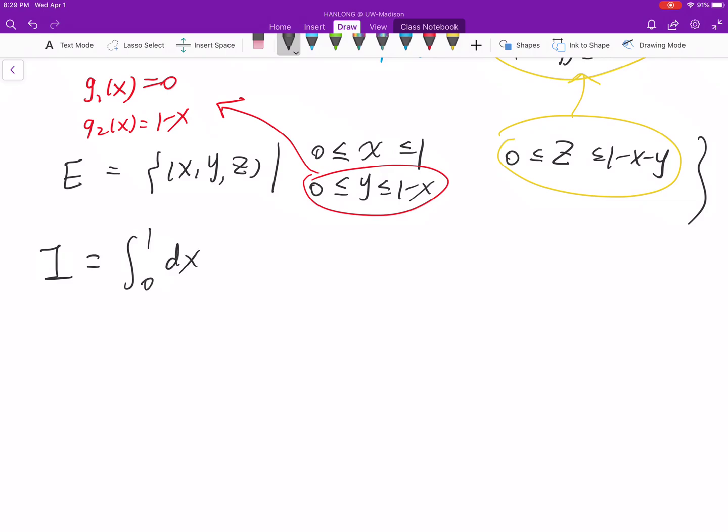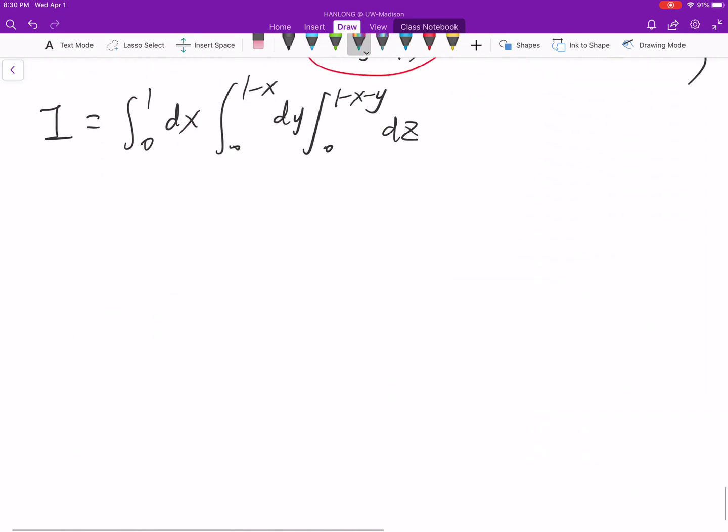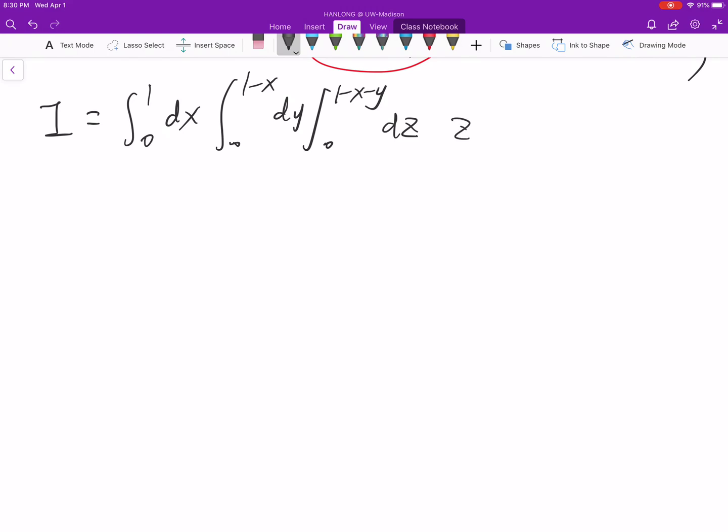Outside you have 0 to 1 dx, and then inside 0 to 1 minus x dy, and then 0 to 1 minus x minus y dz. And remember your function is z. Okay, now let's calculate.